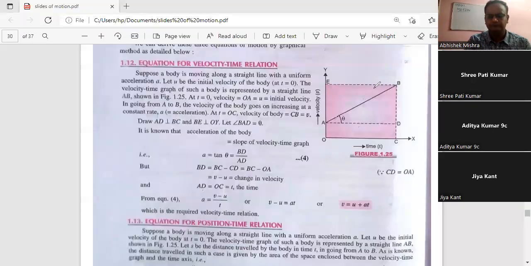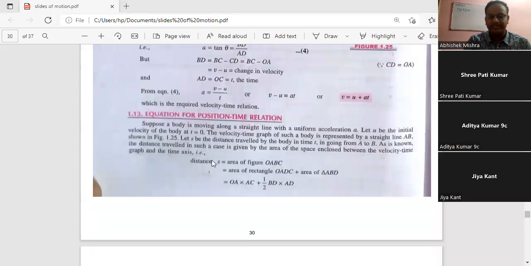So students, to get the second equation, we have to see the figure. Now here the distance S is the area of the figure OABC.